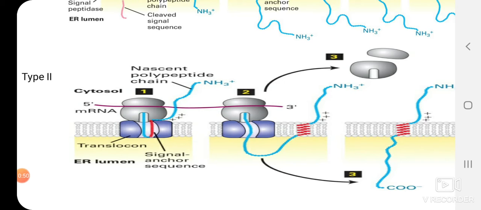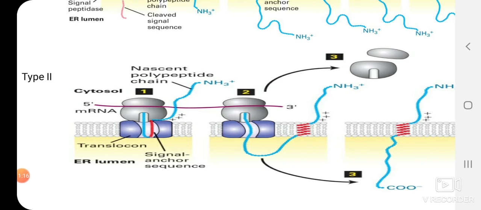Now, here what we see is the movement of the N-terminal side of the polypeptide chain to the cytoplasmic side, and further continuation of the synthesis leads to the dropping of the C-terminal end of the polypeptide chain into the lumen of endoplasmic reticulum.